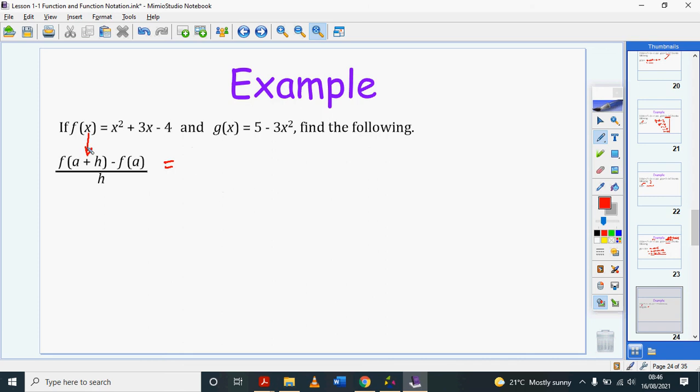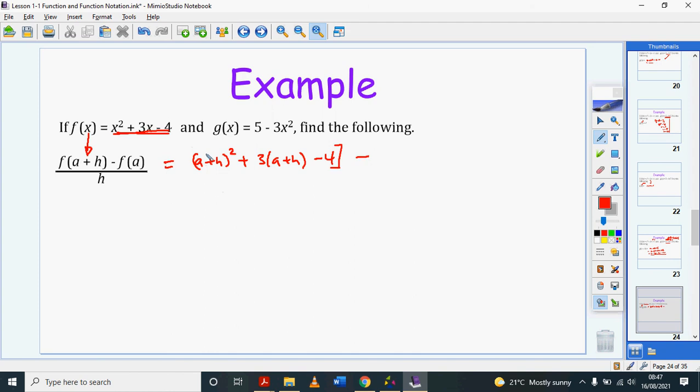So I'll have f of a plus h. In place of x, I'm going to put a plus h. So I'll have a plus h squared plus 3 into a plus h minus 4. And then all of that I'm subtracting.